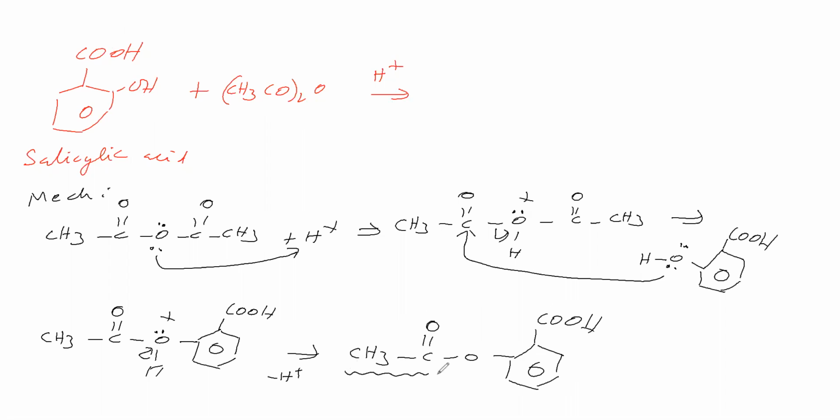This CH3CO is called acetyl, and this group is from salicylic acid. Therefore, acetyl salicylic acid. So we got acetyl salicylic acid, which is called aspirin.